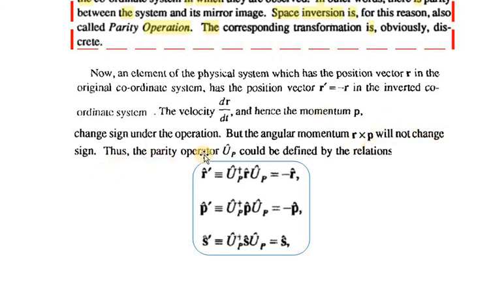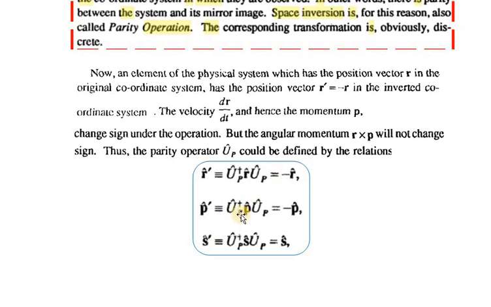Thus the parity operator U, again a unitary operator, would be defined by the relation r prime equal to a transformation equation. U dagger r U, after the operation, transforms into minus r. Previously it was r, now it is minus r.